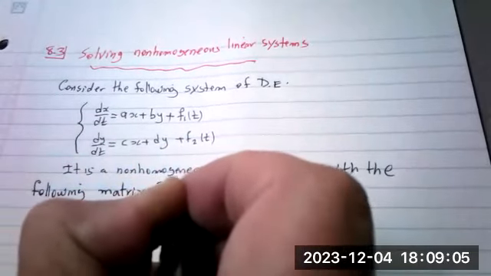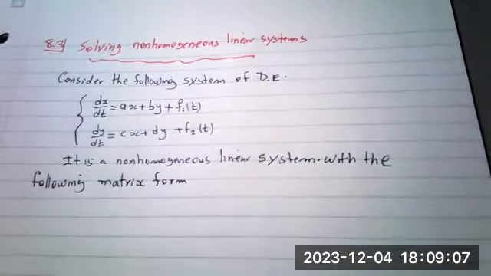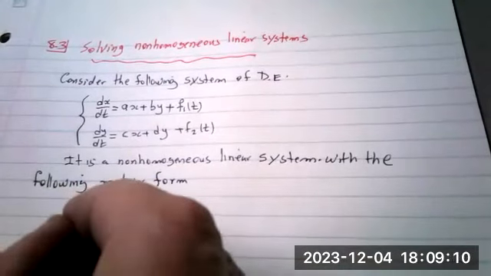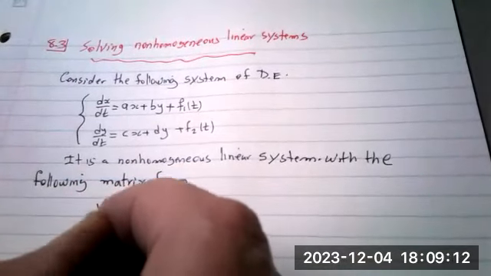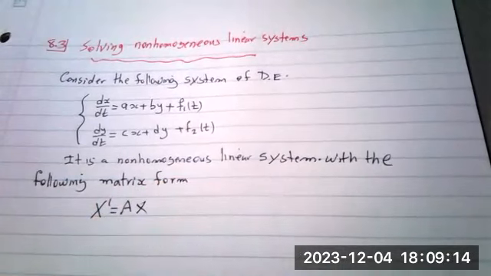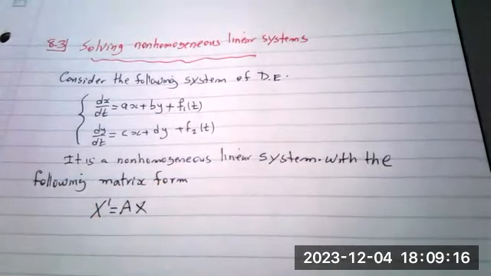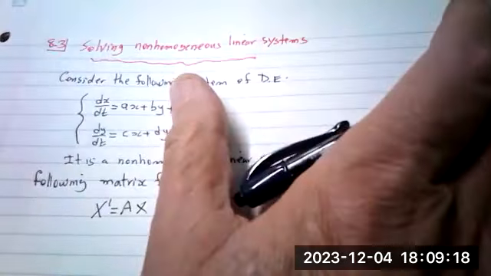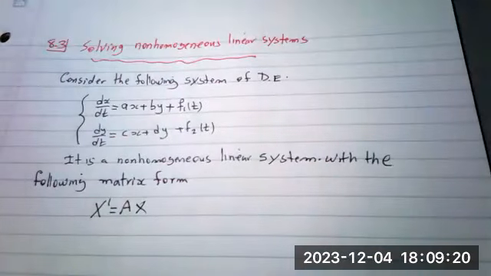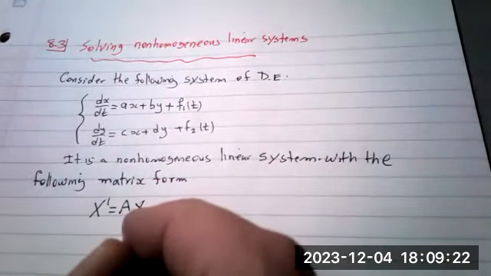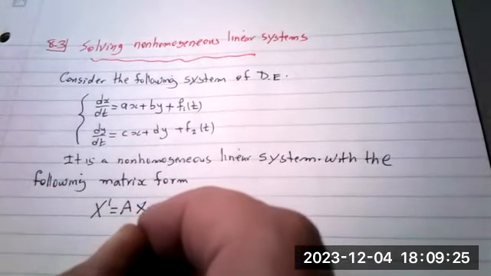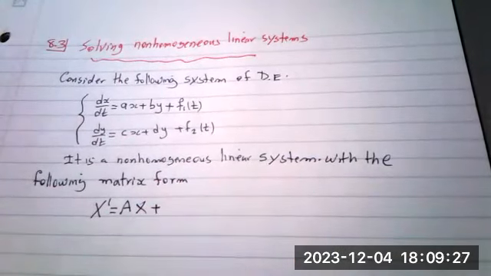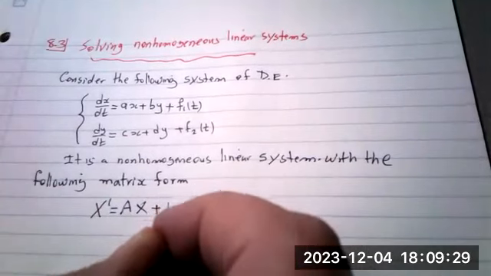As usual, the first part we did before. It's going to be x prime equal to A times x. This part is just homogeneous; if you forget about the extra part, that's going to be homogeneous. Then you are going to have a column matrix, we call it f of t.